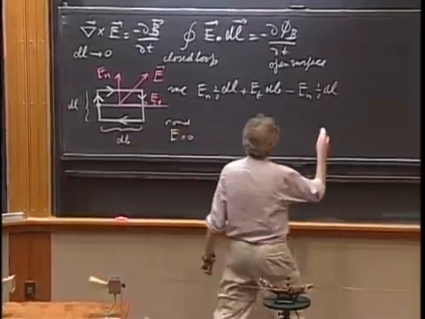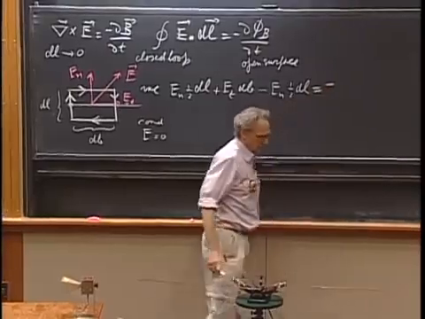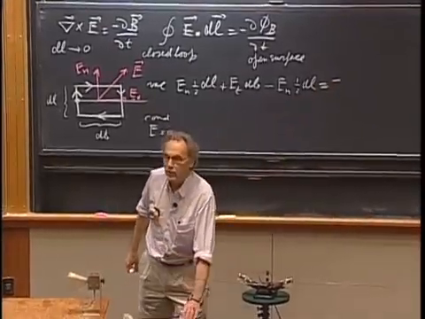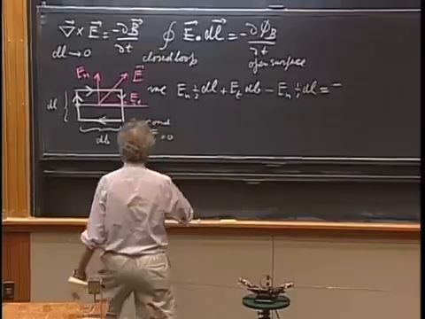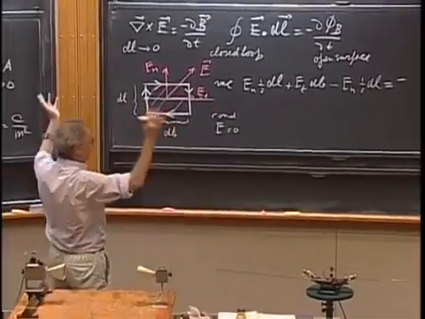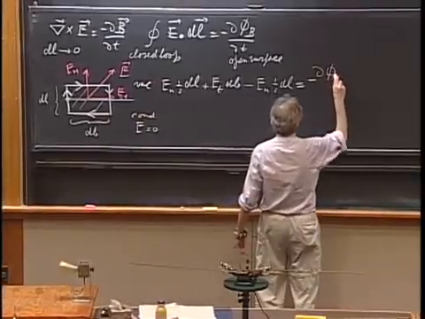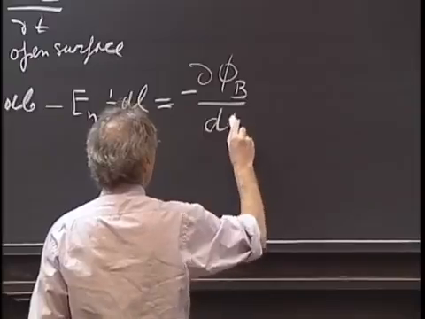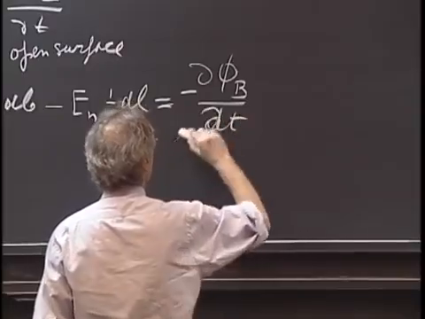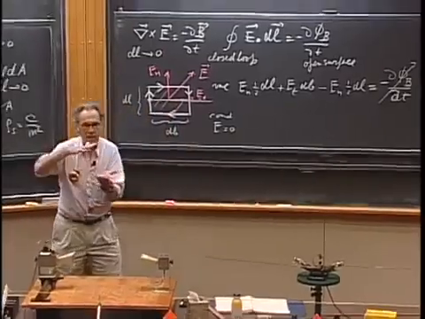So this now becomes minus the change of the magnetic flux through this surface, or a surface that bulges out in the audience, I don't care. It is minus d phi B dt. And that goes to 0 because I'm going to make dl 0, so there is no surface left.